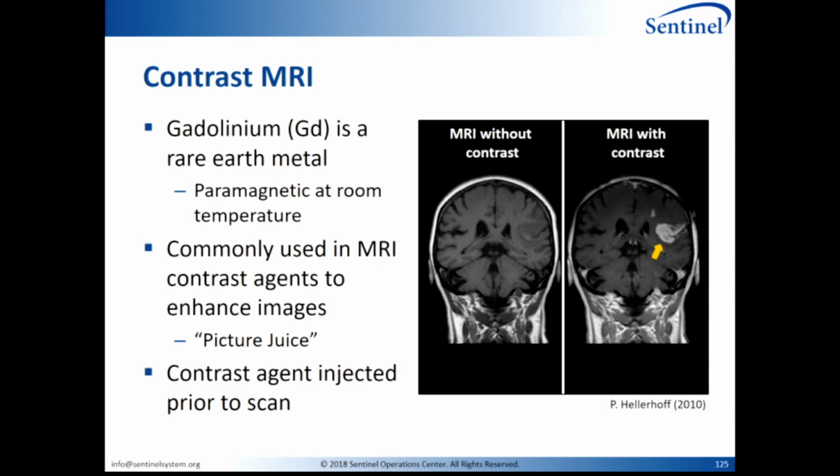And you can see in the image at the right what a MRI image without contrast looks like in comparison to one with contrast. So these contrast agents are injected prior to scan, and they will ideally enhance the image to the extent that we can identify things like what's seen at the right, which is a defect in the blood-brain barrier.